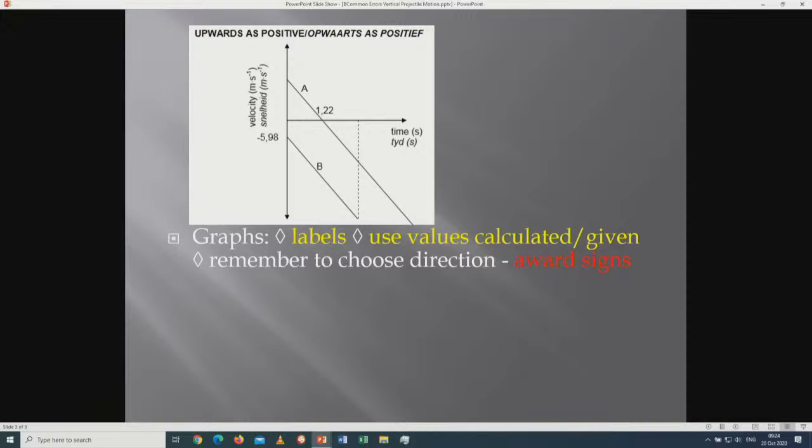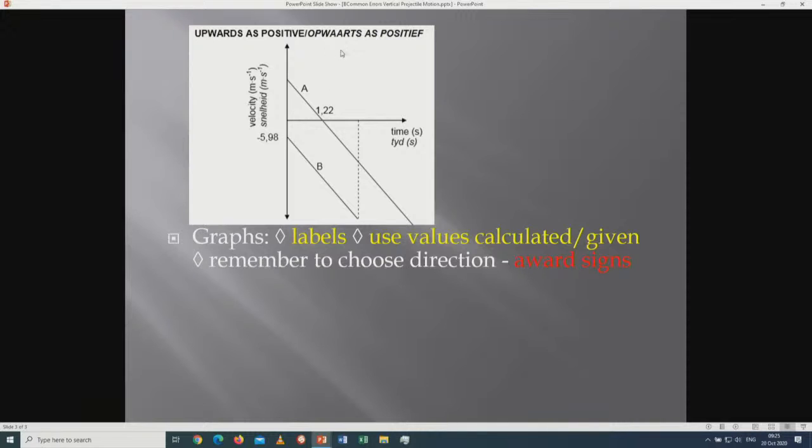Many a time marks aren't awarded for, say for instance, velocity or time on your graph, but at least the examiner expects you to label your axes, the y and x axis, correctly. And then normally they ask you to indicate the calculated values or even given values on the graph. So make sure that you indicate, in this instance, the time of 1,22, and in this instance, the initial velocity of minus 9,8. So indicate the values asked.